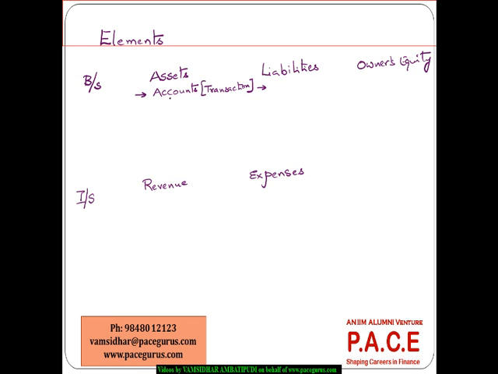So different kinds of headings under which the transactions are recorded, those are called accounts. And for each account, there may or may not exist a contra account. When we say contra account, it's a negative adjustment to this particular account.